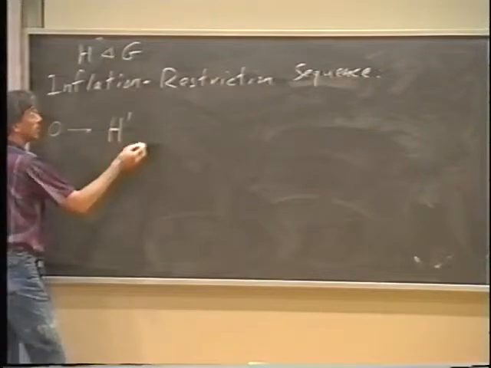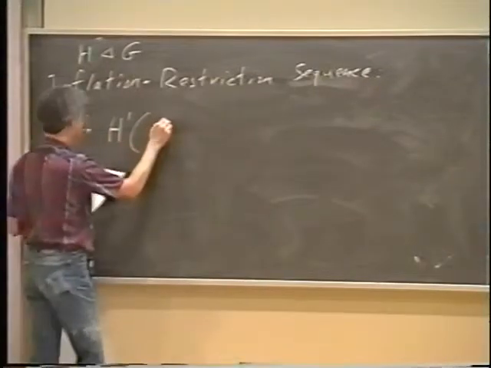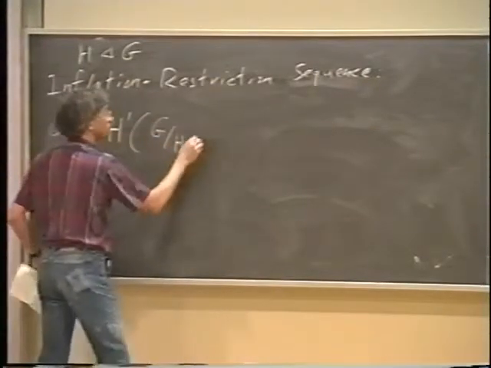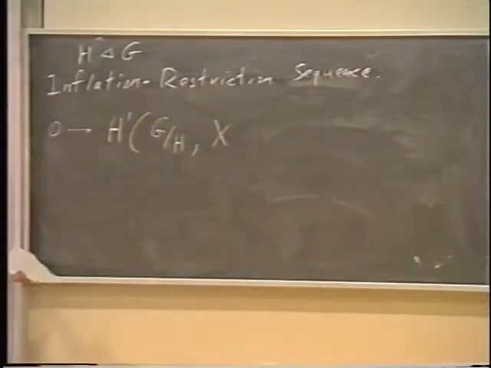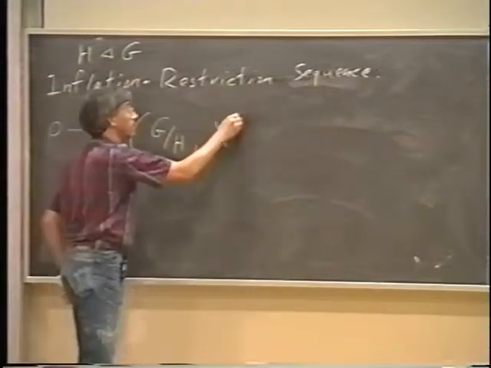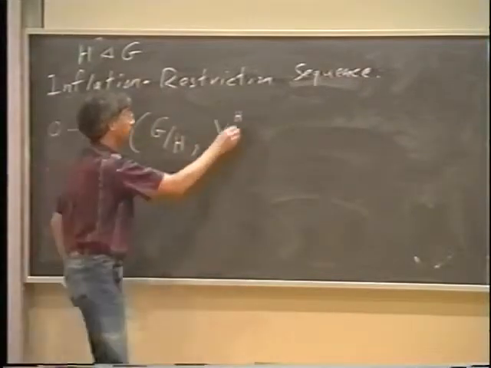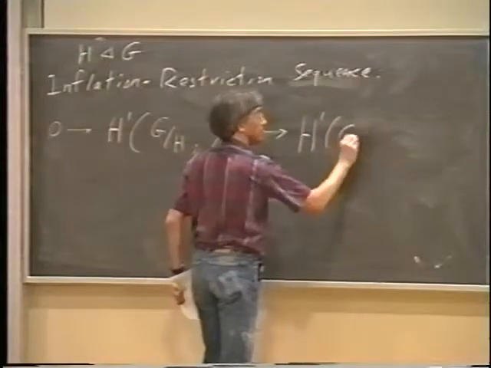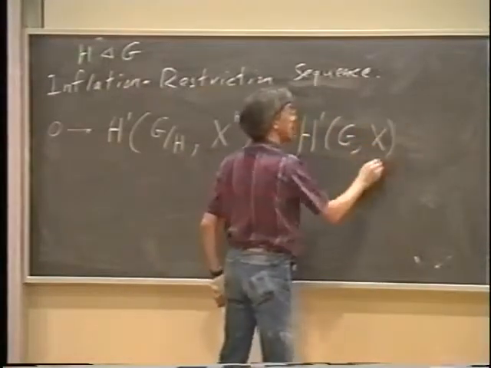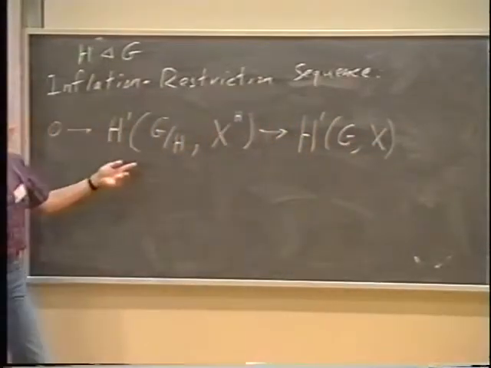So it starts out with an H1 actually of G mod H. Now G mod H can't act on all of X. I mean, it's not a well-defined action usually. So you have to take the part of X that's fixed by H. Now that maps to H1 of G, coefficients in X. How do we get that?